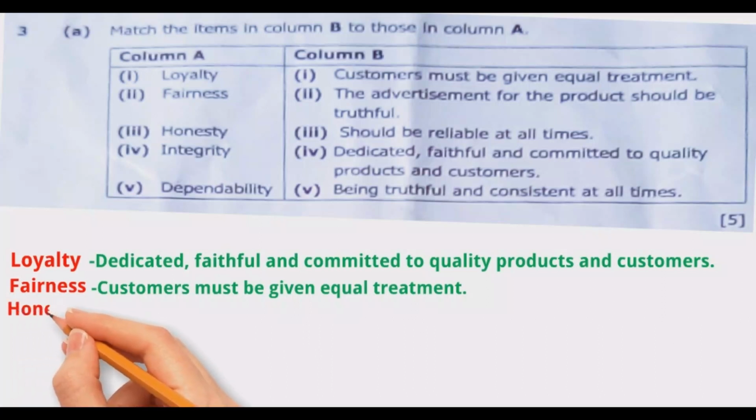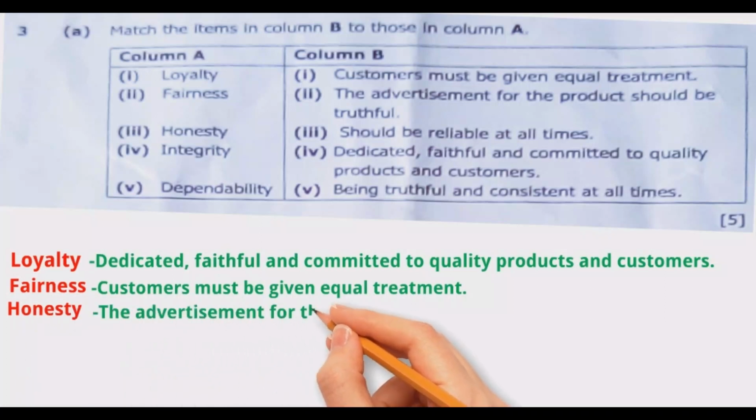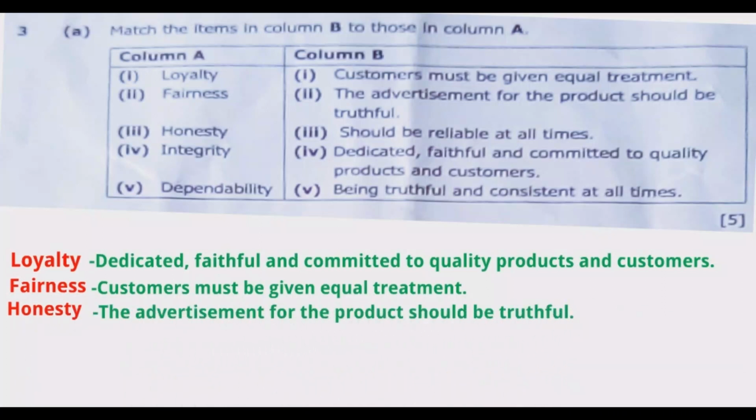Okay, 2, honest. The advertisement for the product should be truthful. Okay, so if you are advertising your product, make sure you are bringing out the true picture of your product. Don't exaggerate. Okay, integrity.